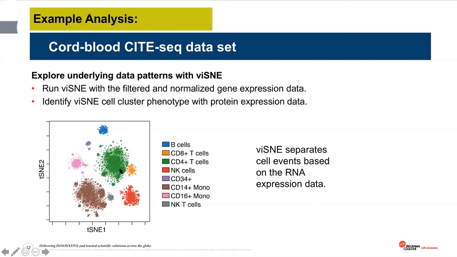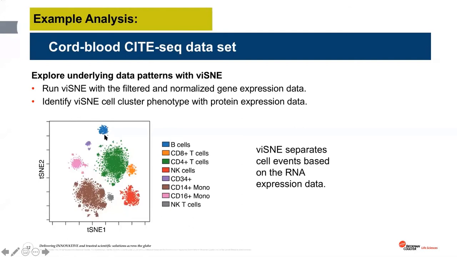And this screen shows you the result of this analysis. As you can see, Whitney can separate cell events based on RNA-seq expression data. We got pretty nice separations on these Whitney results.